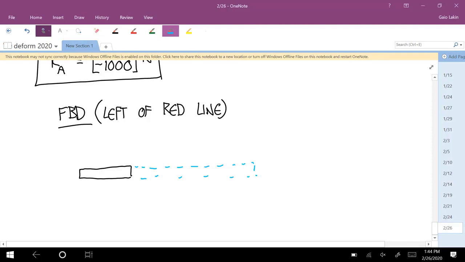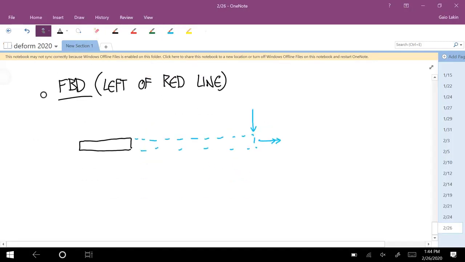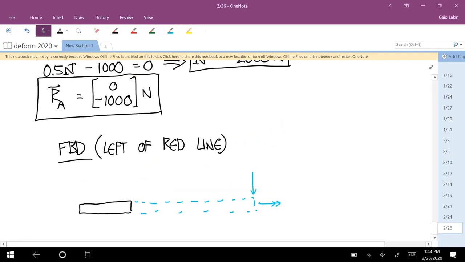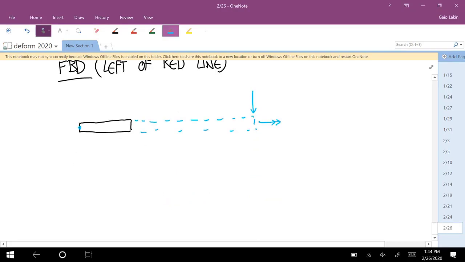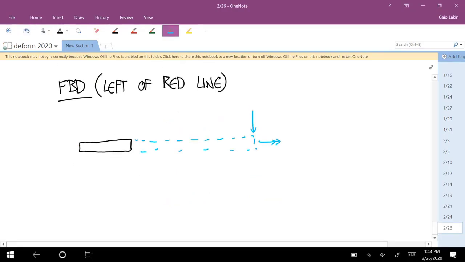And that includes the downward force, that couple. But what is included is a downward force of 1,000. That's the RA that we calculated. I'm just going to write that as a downward force of 1,000. And a couple this way of 500 Newton meters.